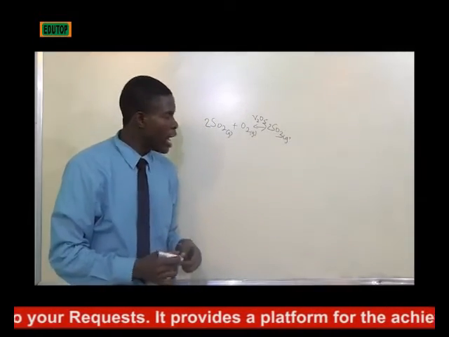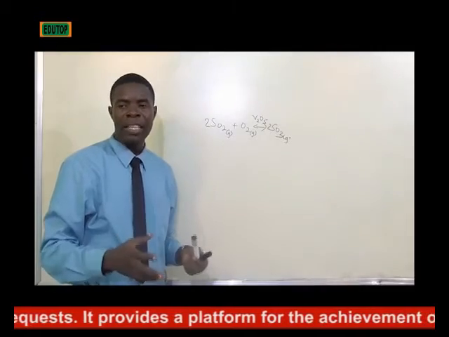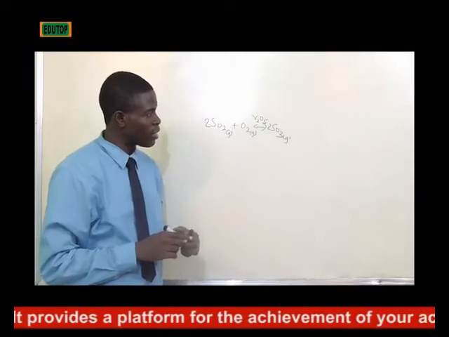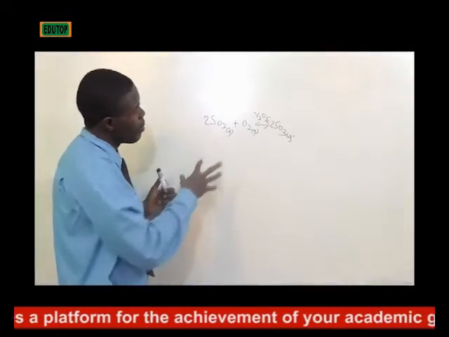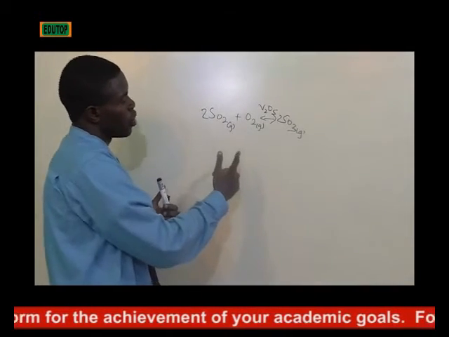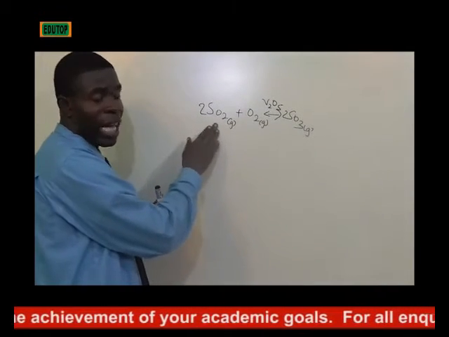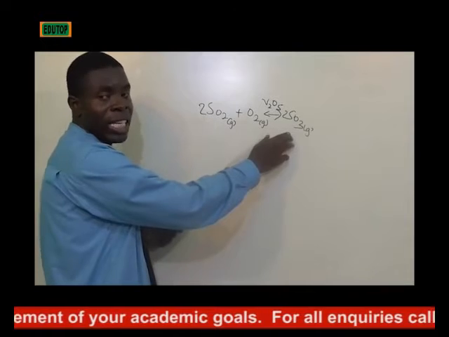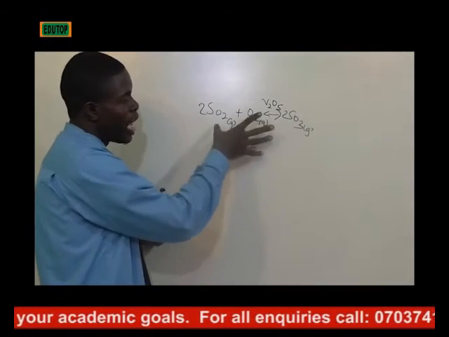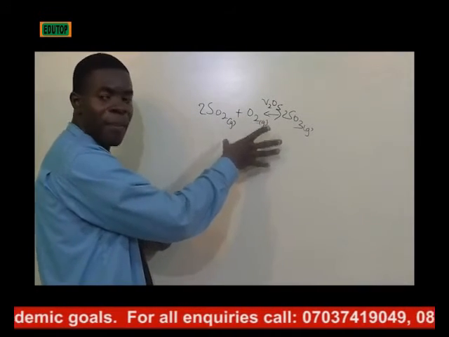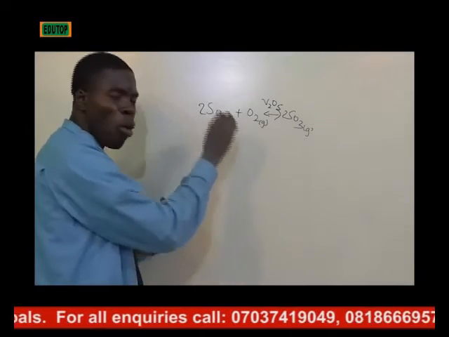So here, homogeneous catalysis. When they say homogeneous catalysis, it means the interplay between the same molecules, in the sense that you started with sulfur 4 oxide and you are ending at sulfur 6 oxide. They are of the same system, so it is homogeneous.